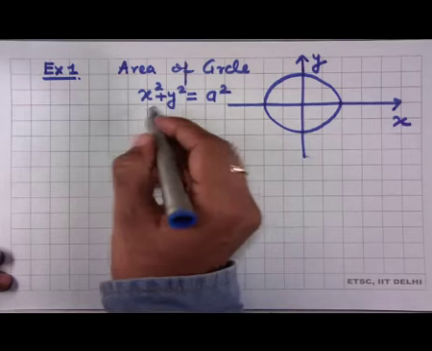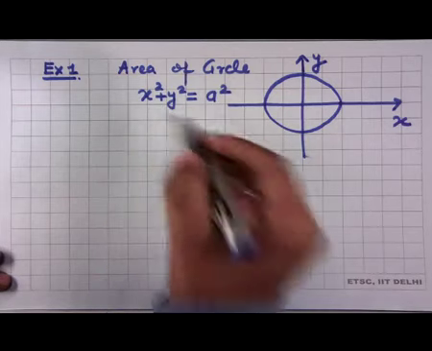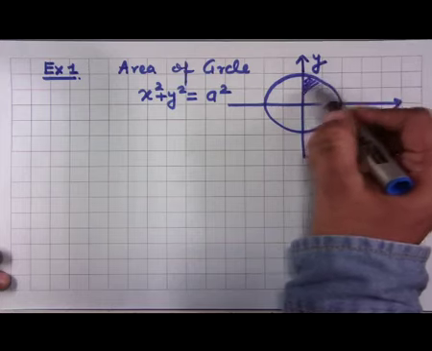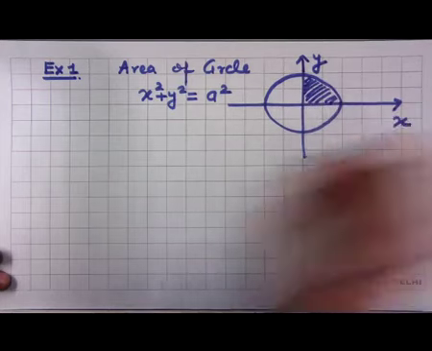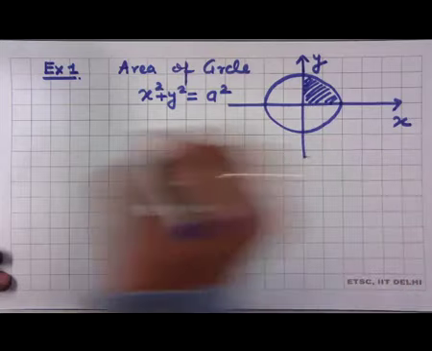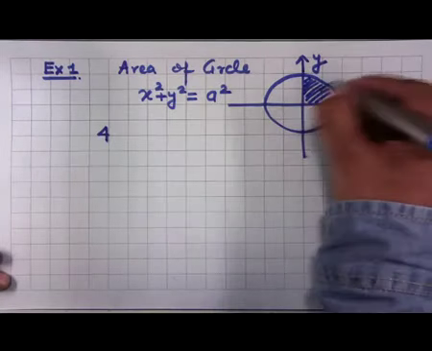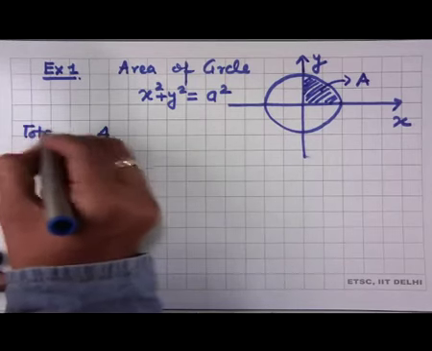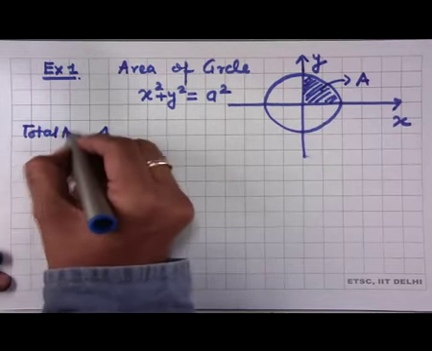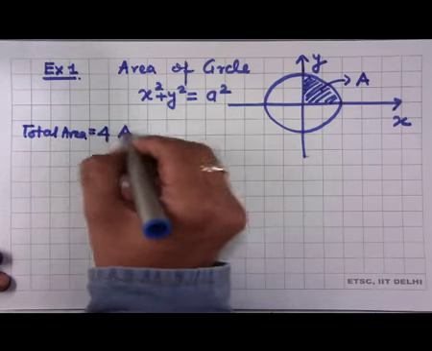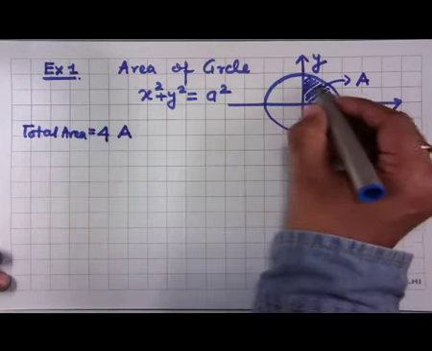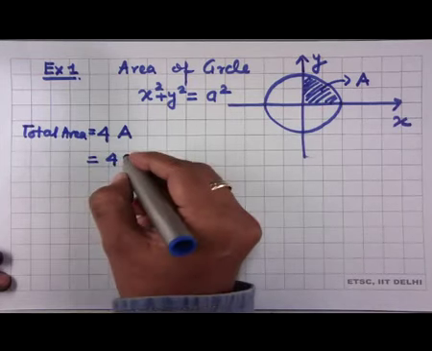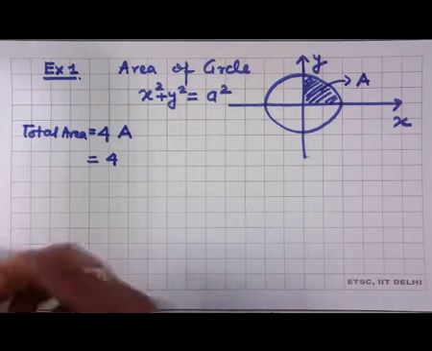You know that the circle is symmetric about both x and y axis, so if we evaluate this area, then we can multiply it by 4. So if this area is A, total area is 4 times the area of this circle which is lying in the first quadrant. So 4 into A.